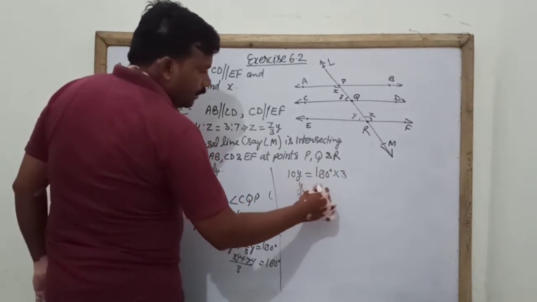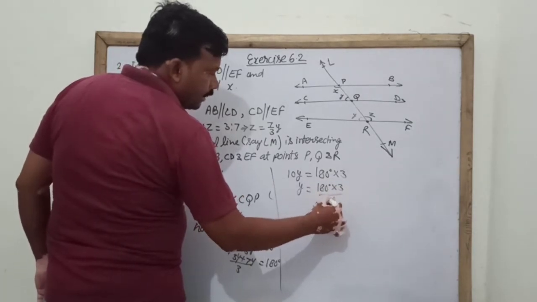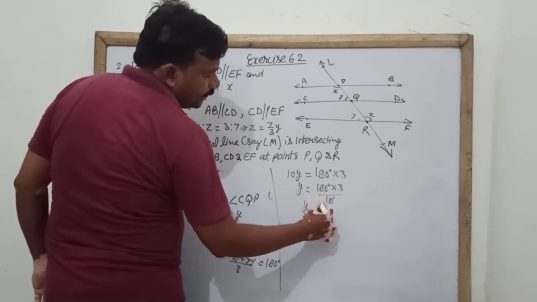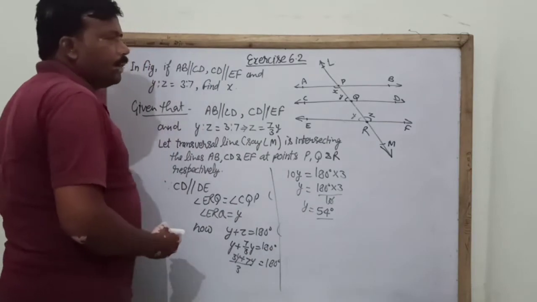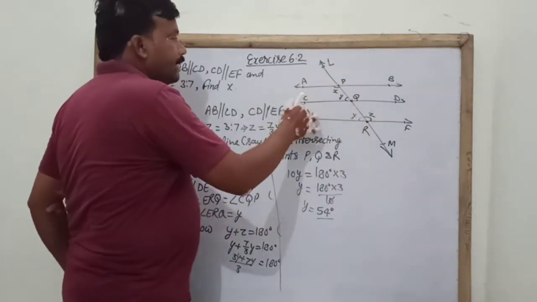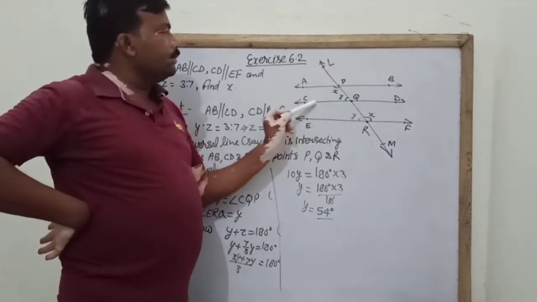Then y equal 180 degree into 3 upon 10. Cutting here, y equal 18 threes are 54 degree. This is the value of y, and we are seeing here that it is given that AB parallel to CD.